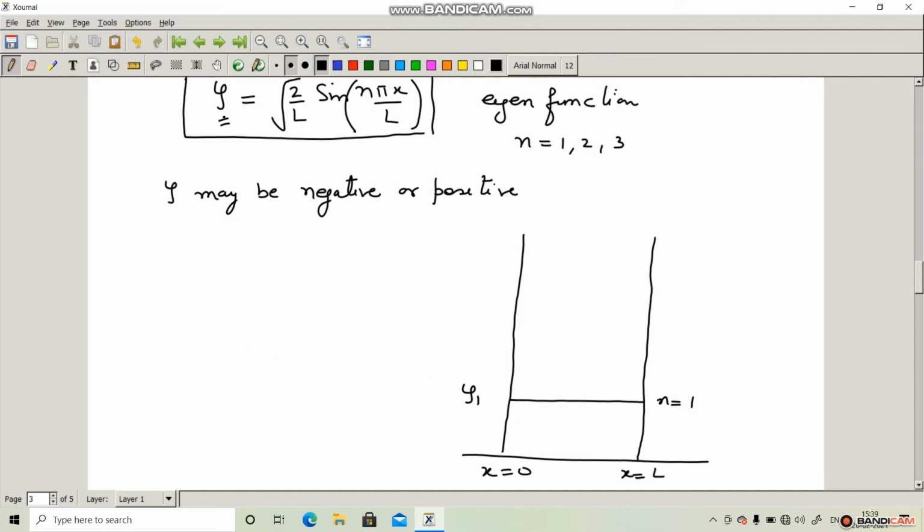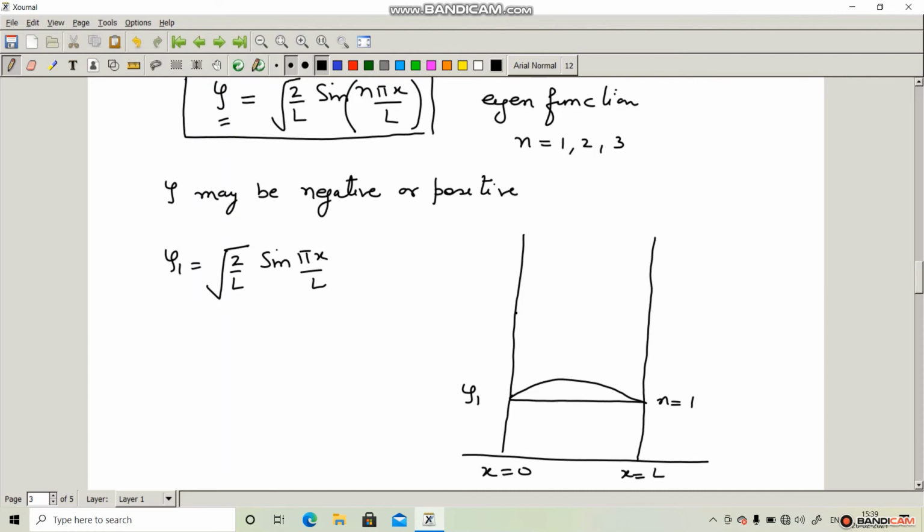Psi 1 means psi is under root 2 upon L sin n pi x over L. If we put the value of n as 1, then it becomes psi 1 equal to under root 2 upon L sin pi x over L. Here n becomes 1, and we can represent it this way.